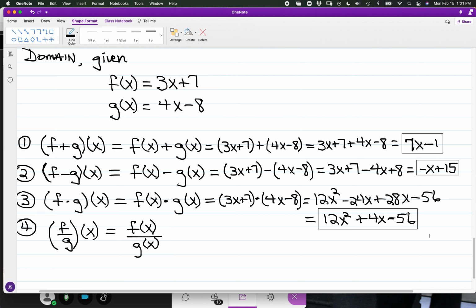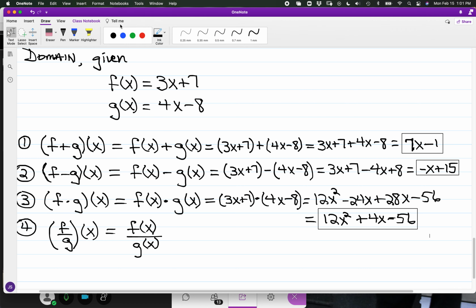And for what we have for the quotient function, f of x over g of x, we have f of x at 3x plus 7 and g of x at 4x minus 8.